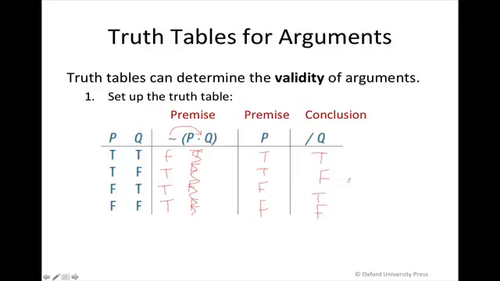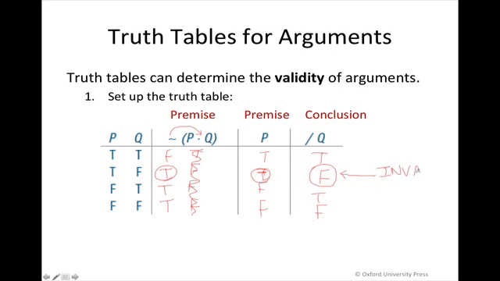Now let's look at our rows. Is there a row in which, or are there rows in which, the conclusion is false? Yes. Row number 2. What about the premises? Are they true? I'm sorry, let me make that clearer. Yes, they're true. This argument fails on row number 2.